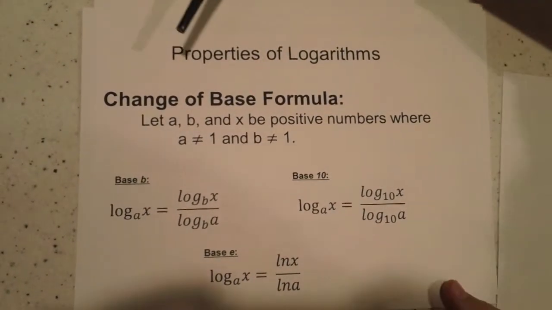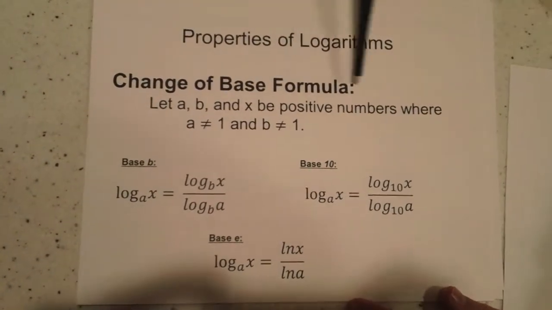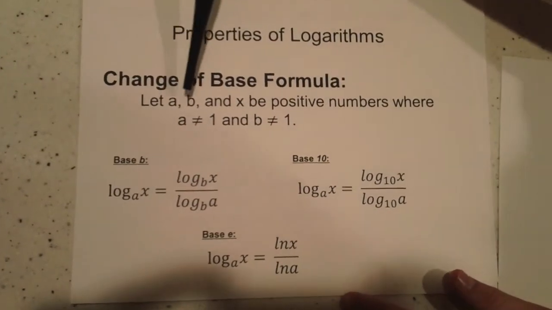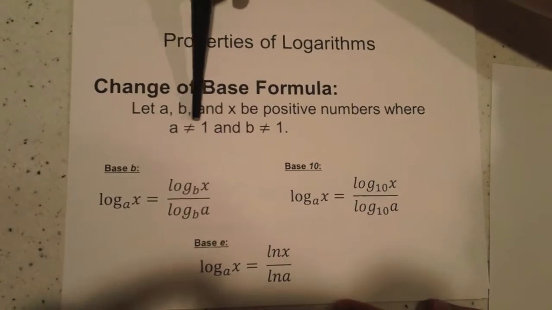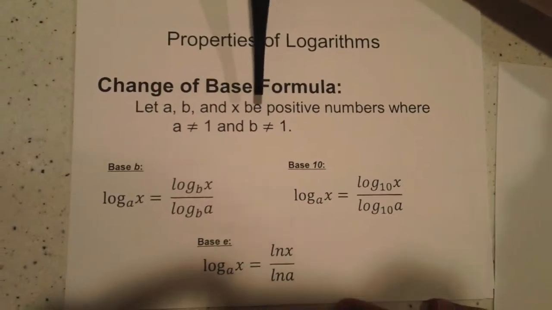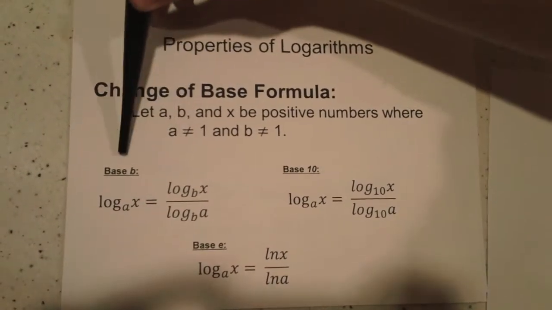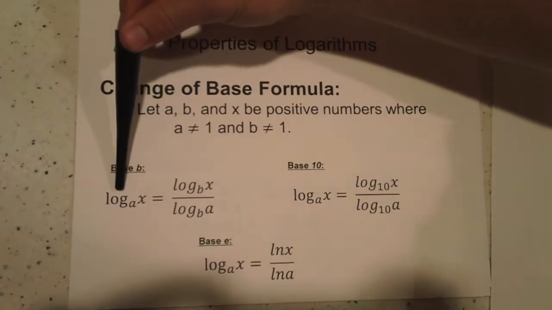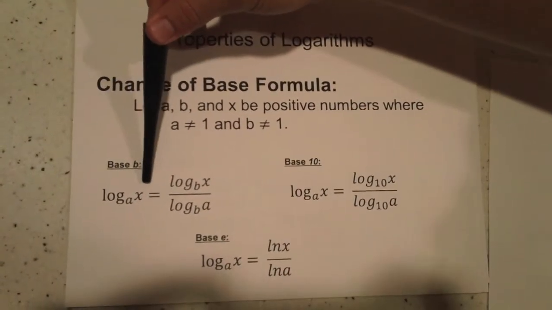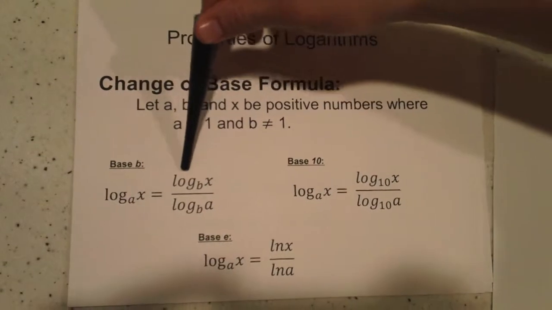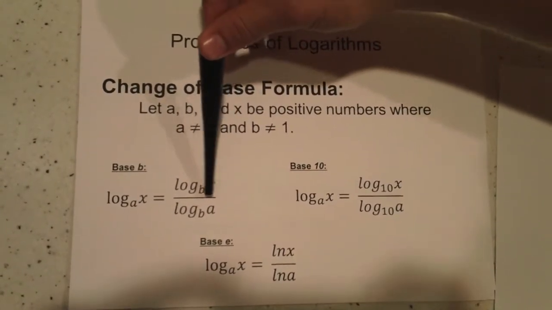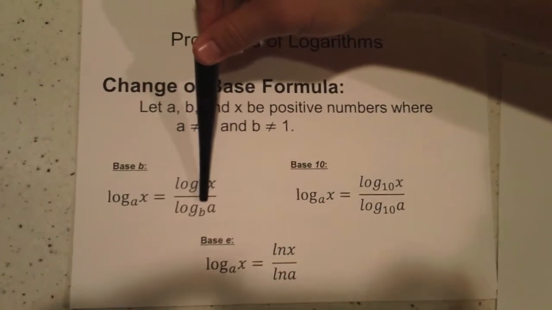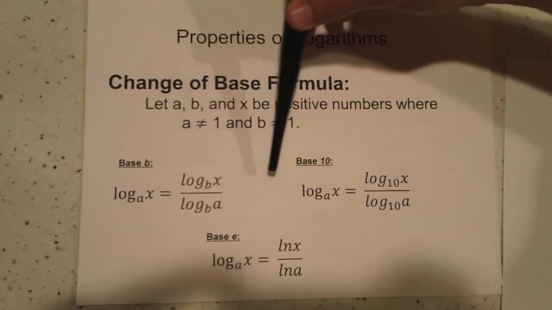Properties of logarithms. The change of base formula. Let a, b, and x be positive numbers where a does not equal 1 and b does not equal 1. Base b: log subscript a of x is equal to log subscript b of x divided by log subscript b of a.